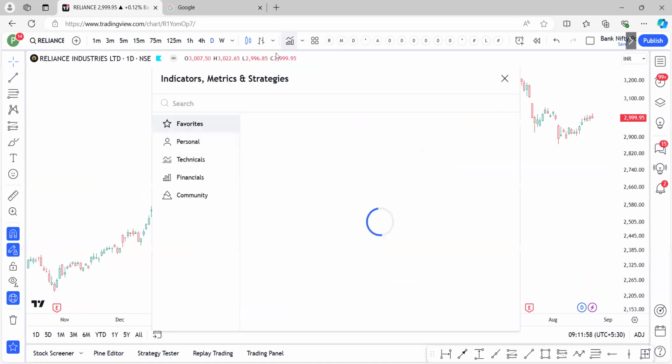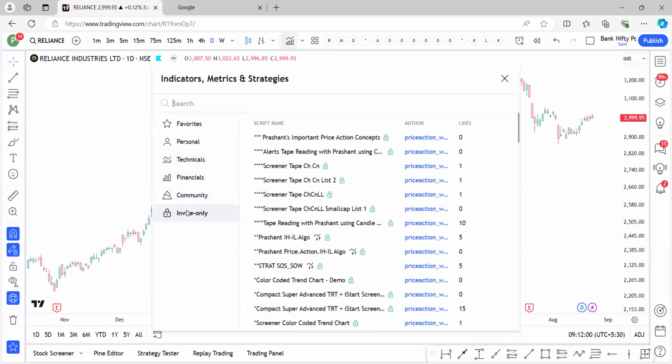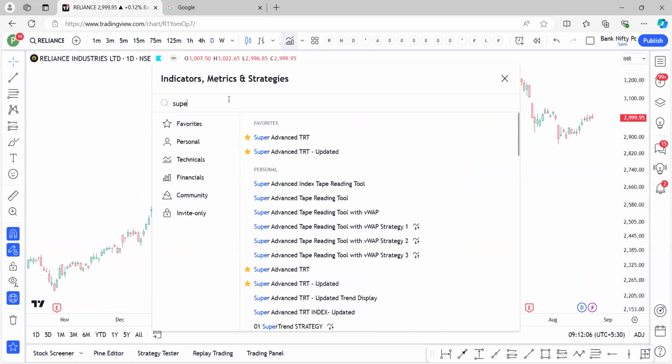Click here on indicators, and then you'll be able to see that in invite only. Otherwise, you can click here, Super Advanced TRT updated, and if it is added for you, you will be able to see it here. In this, you'll be able to see the indicator you can add from here.